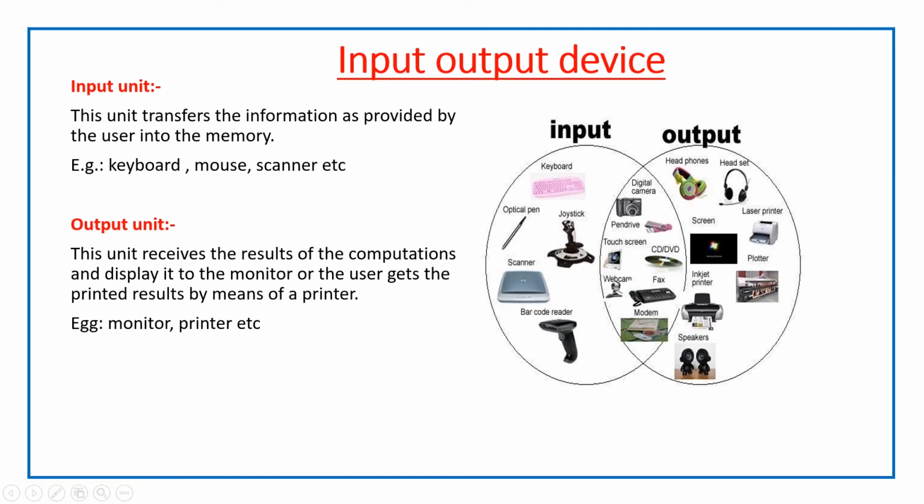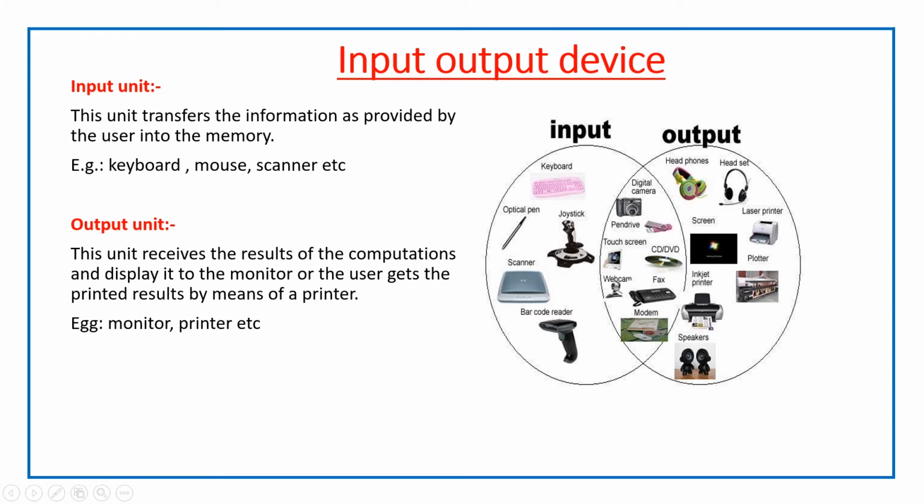Next slide is input-output device. The input-output devices are also the components of the computer system. So what is the input unit? This unit transfers the information provided by the user into the memory.